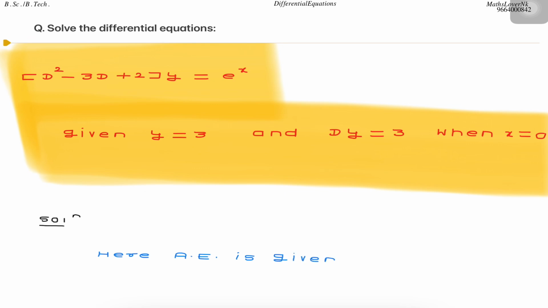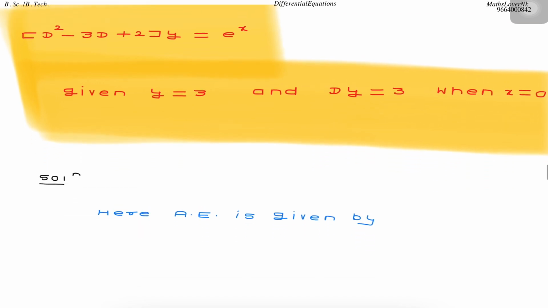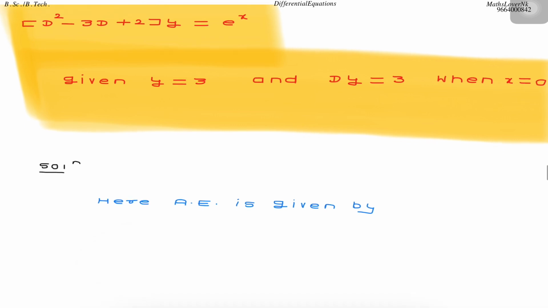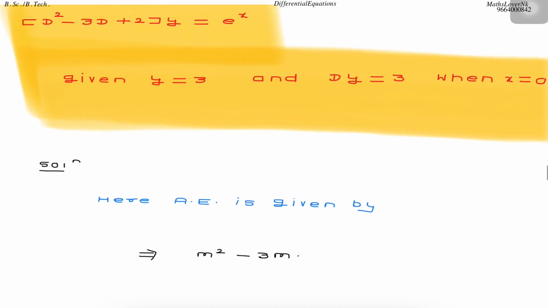We know that for finding the auxiliary equation, we put capital D equal to m and set it equal to 0. Then we get m² − 3m + 2 = 0.